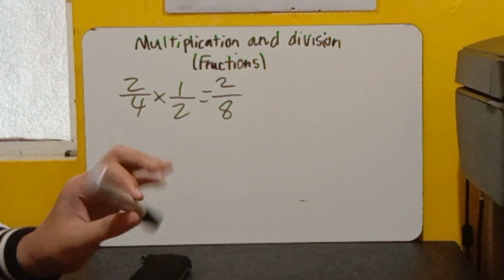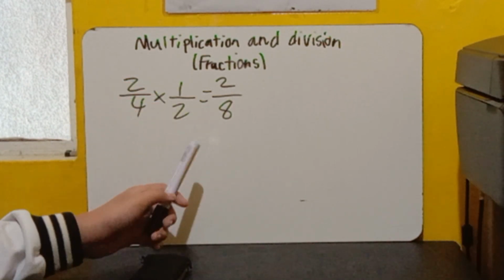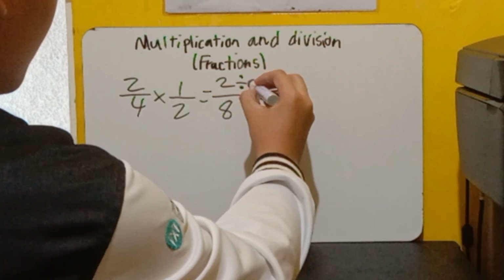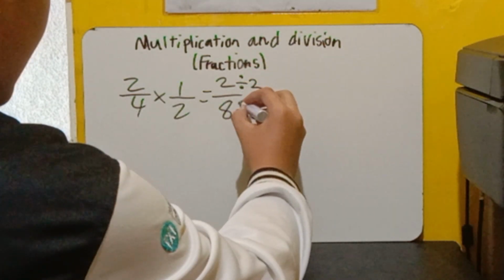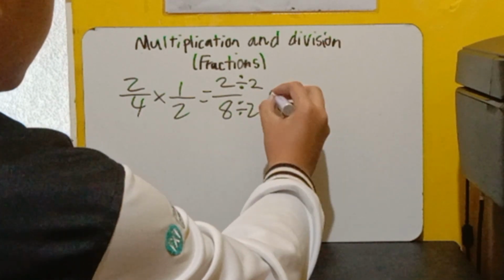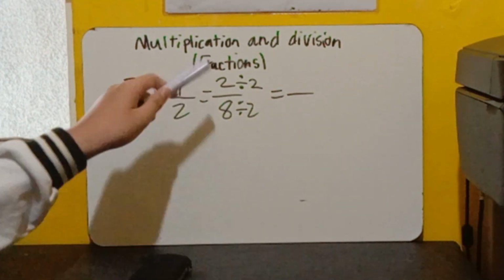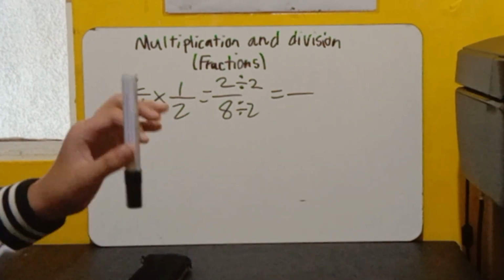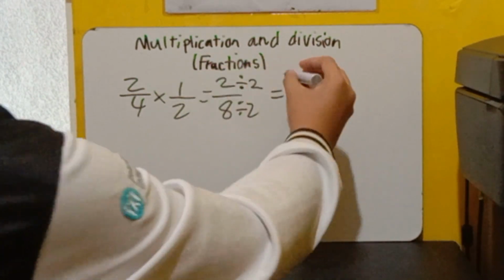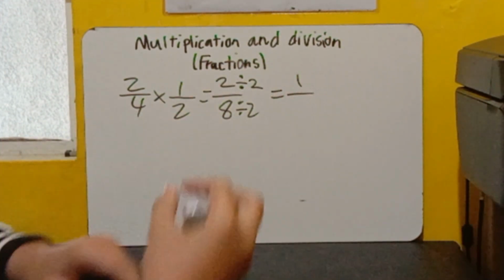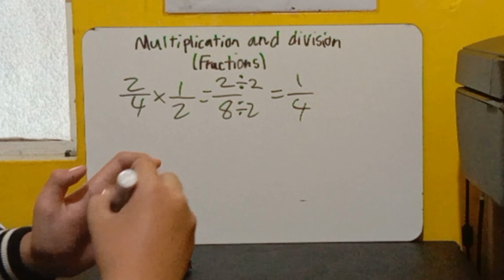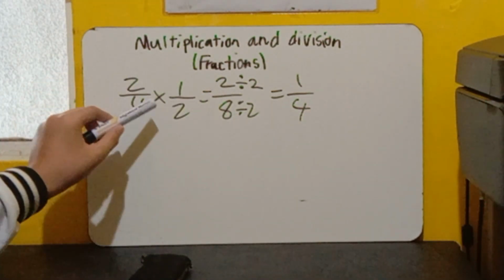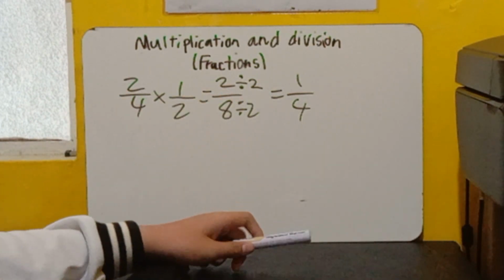So to simplify this, we divide both by 2. 2 divided by 2 is 1, and 8 divided by 2 is 4. Alright, so that's how you do it. 2/4 times 1/2 is 1/4. Easy.